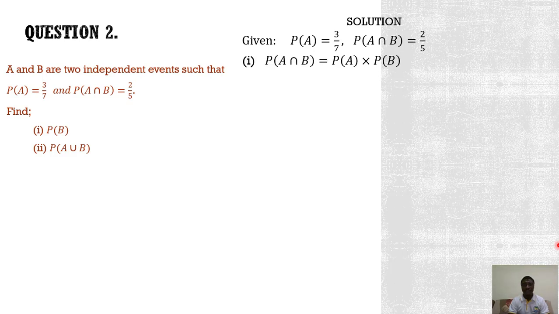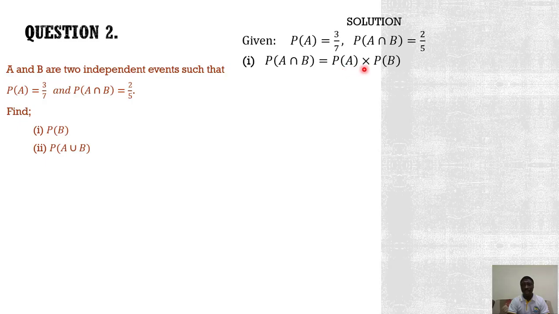You can recall that since A and B are two independent events, then it means that probability of A intersection B will be equal to probability of A times probability of B. As usual, you know that intersection means multiplication, as learned earlier on.